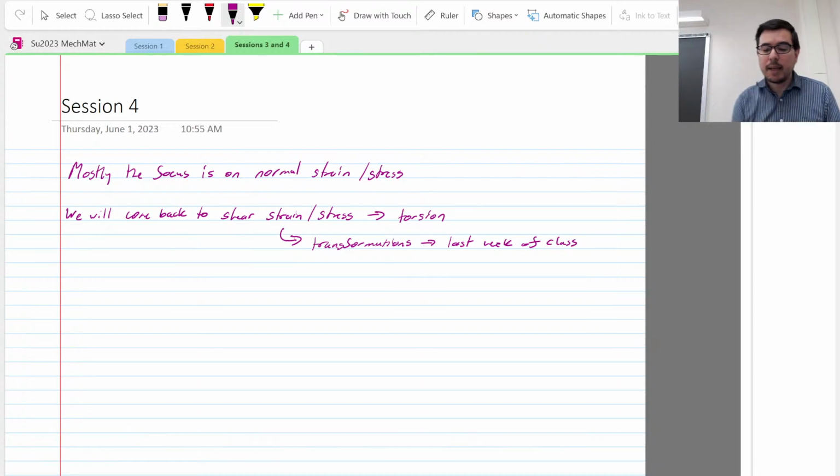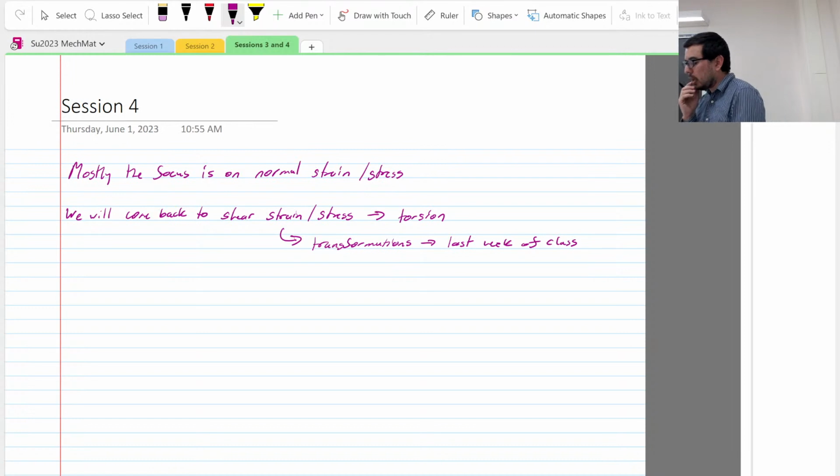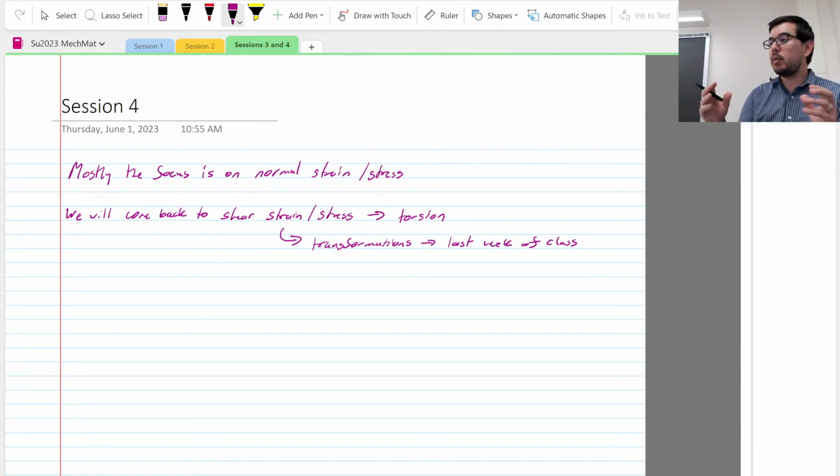So try to get a pretty good feel for what's happening with normal stress and normal strain. Right now, we're kind of looking at averages, and those averages can be extremely accurate when you have a bar and there's no additional load.